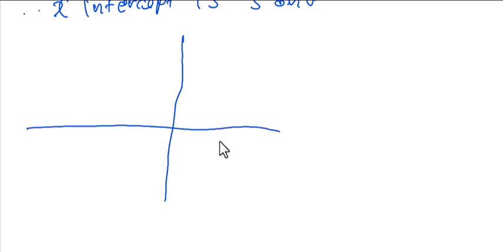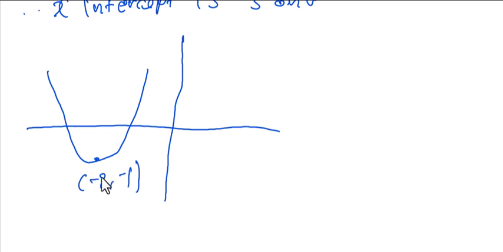So this is going to be like this. Since we know that a is greater than 0, the graph opens upward from the turning point. So the turning point is negative 2, negative 1.